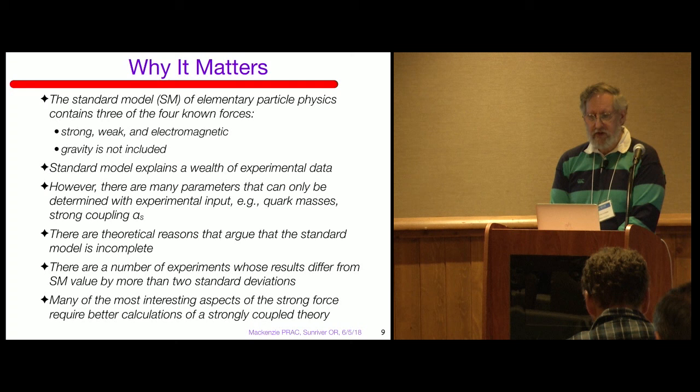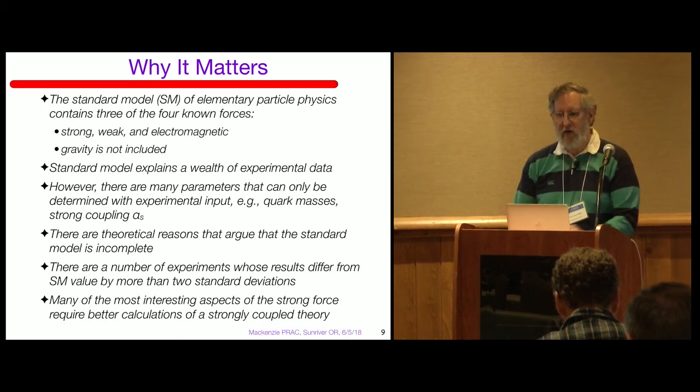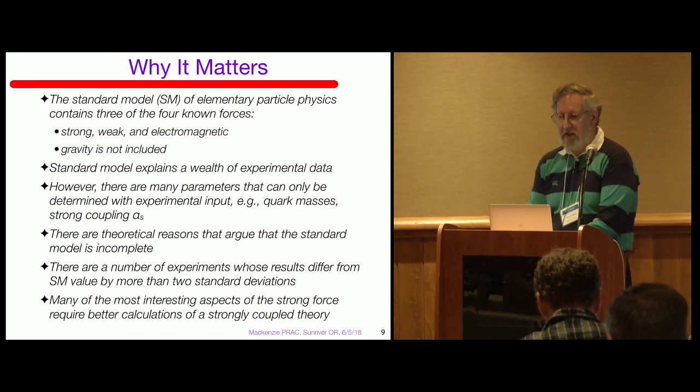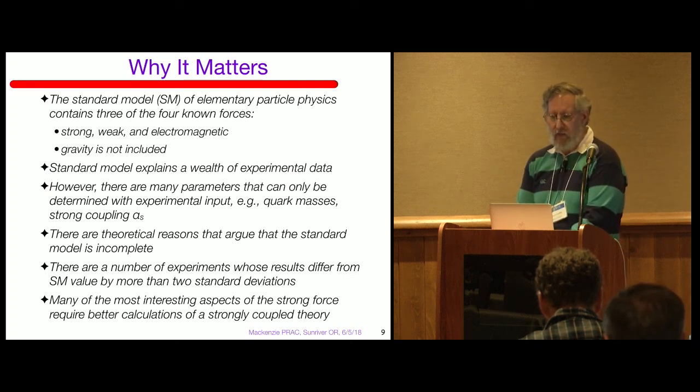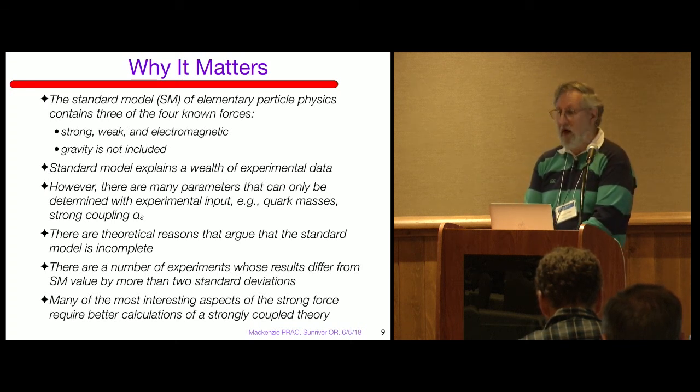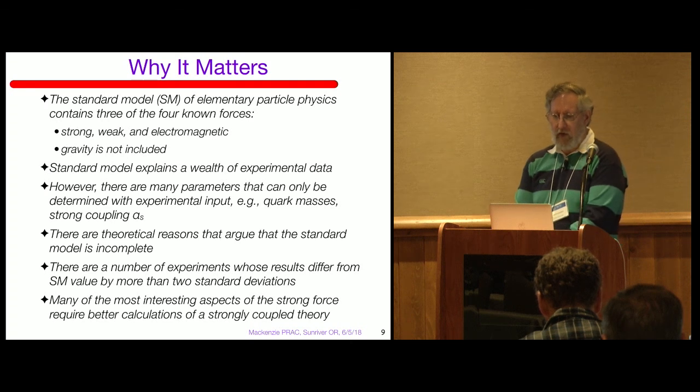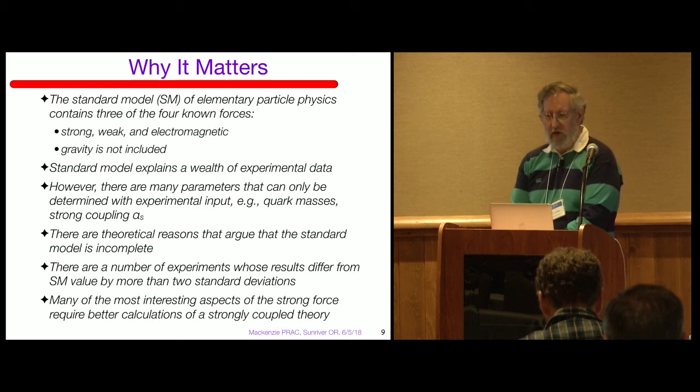Okay, why it matters. The standard model of elementary particle physics consists of three of nature's four known forces. The strong, weak, and electromagnetic are in the standard model. The fourth force, gravity, is not included. There's a whole bunch of experimental data going back about 30 years that support the standard model.